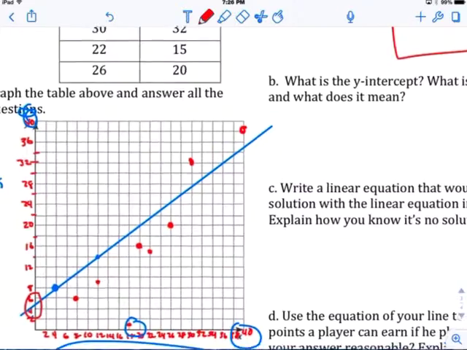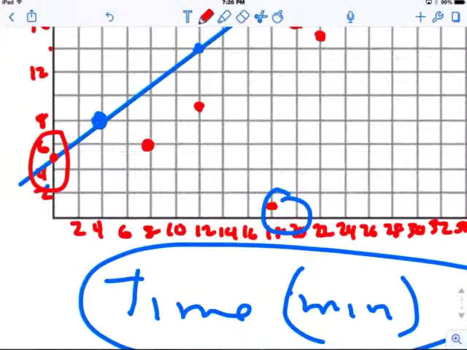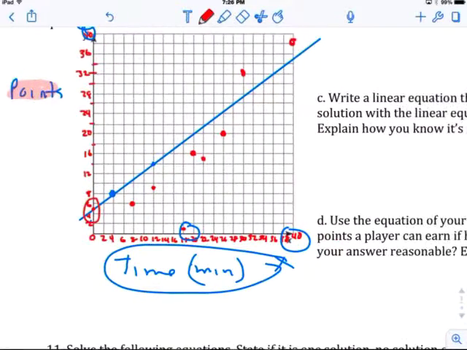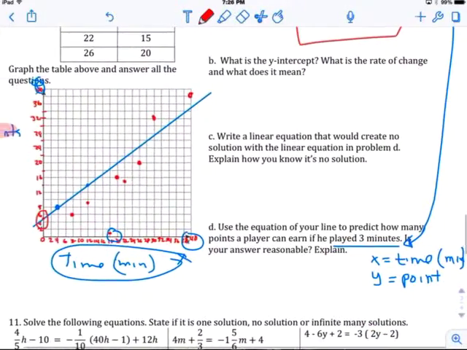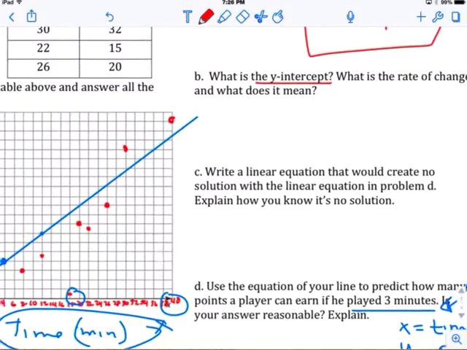Now, I can tell you this. It is not reasonable to have a y-intercept of 0 minutes and you've made 5 points. That is not reasonable. Okay. What is the y-intercept?